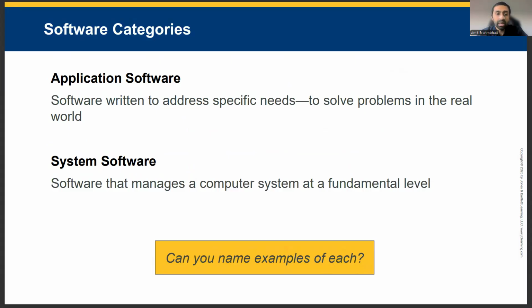The question on the slide asks for examples. For application software, you might name Excel, Spotify, Chrome, etc. For system software, examples include Windows, Mac OS, Linux, and device drivers that allow printers or graphics cards to function. Understanding the difference is key to appreciating where the operating system fits in the software ecosystem.